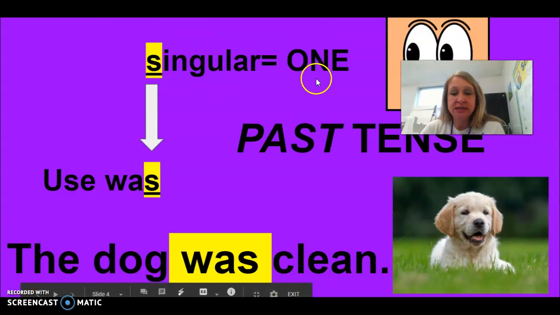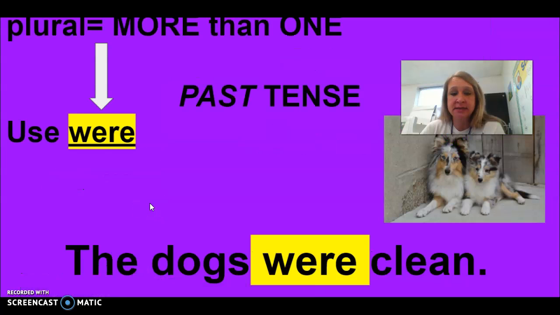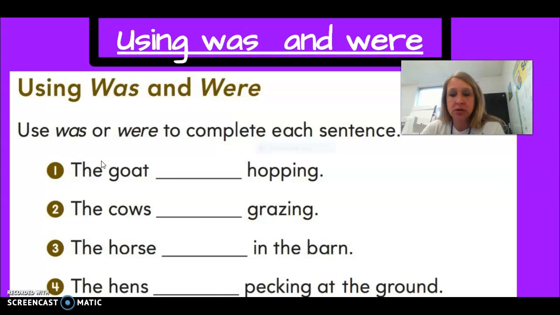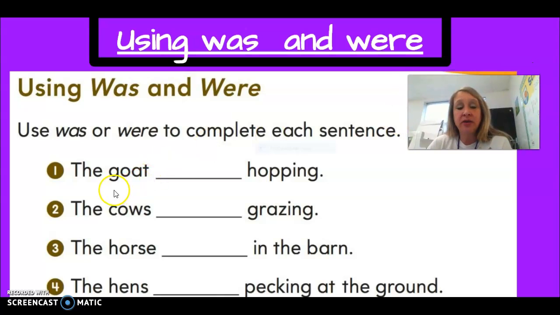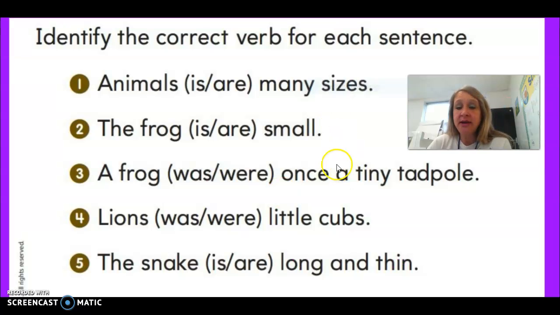So singular means one, we use was. Plural means more than one, we use were. Then we completed the sentences with was or were by looking at whether the subject was singular or plural. And then you used the pen to circle the correct verb in each of these sentences and turn into your teacher.